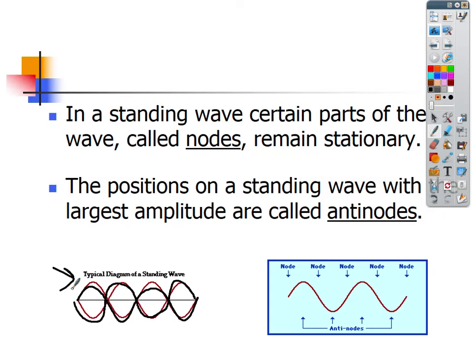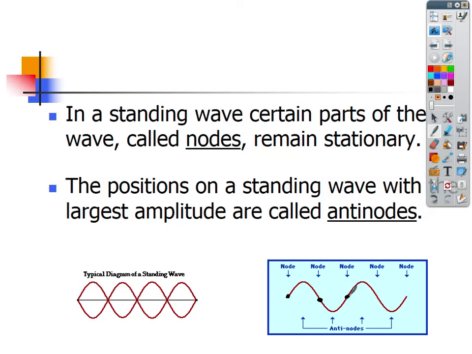So the shape of the wave and all that stuff we're going to have to be able to look at as well. We're going to have to be able to count waves very well here to help us figure out which harmonic we're about to talk about. Two terms that you'll see come up with harmonics: nodes and antinodes. The definition is pretty clear there. The nodes are the spots where they never change position.